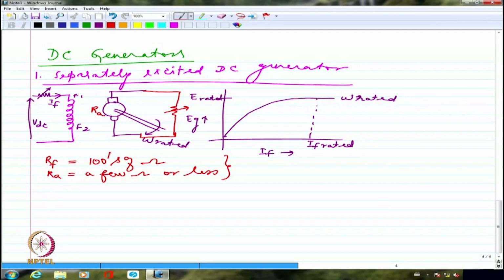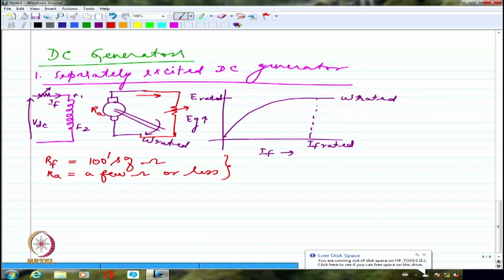But when a current is flowing in the DC machine, although 220 volts were probably generated originally when it was under no load condition, I'm definitely going to have a drop which will correspond to IA RA.